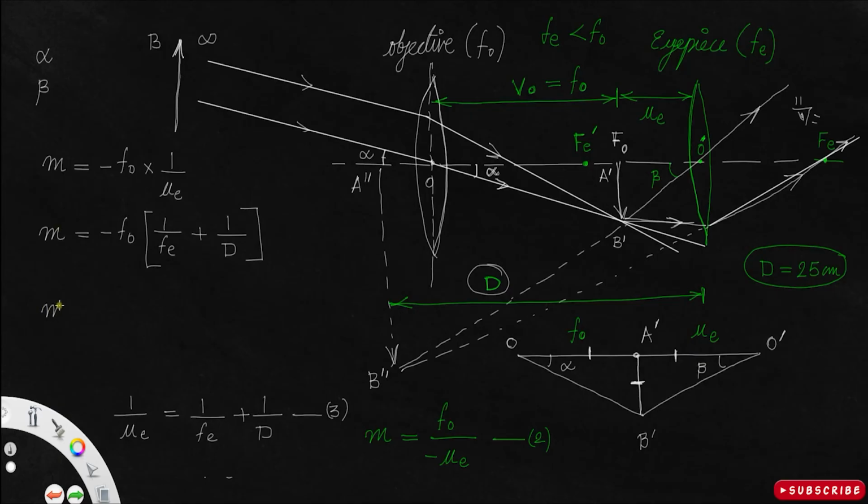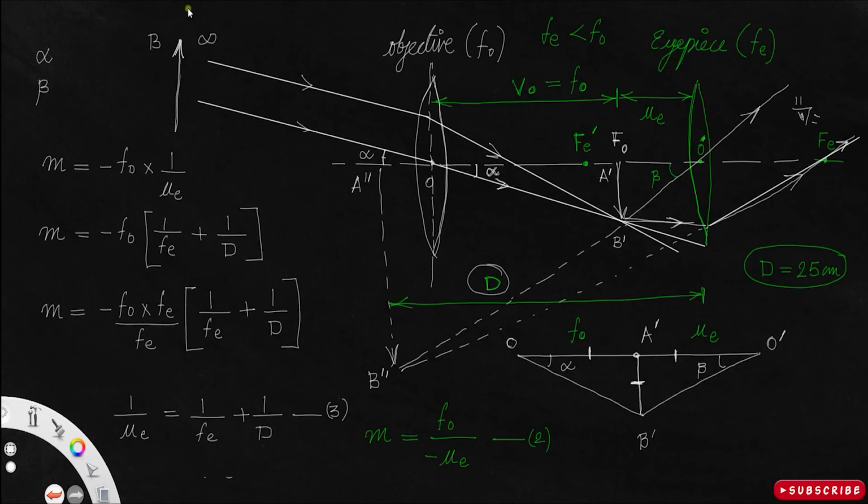Now let me take this FE outside, or it's better you multiply this FO with FE on the numerator and denominator also. Rest of the term you write as such, 1 by D. See, this FE and FE will get cancelled. There is no change in the value.